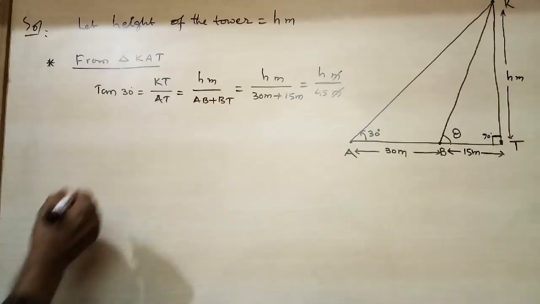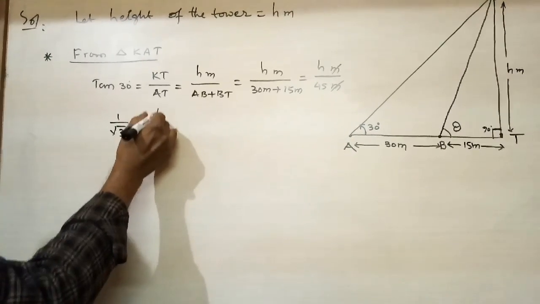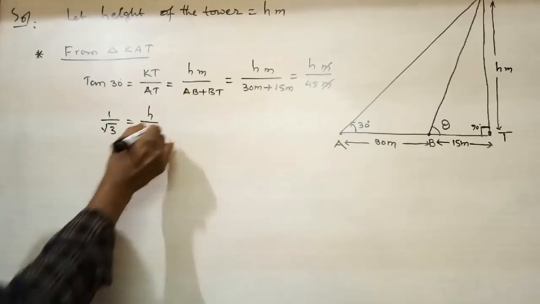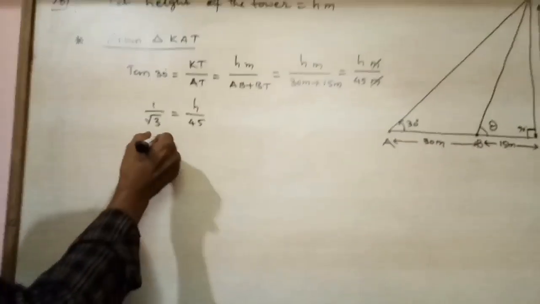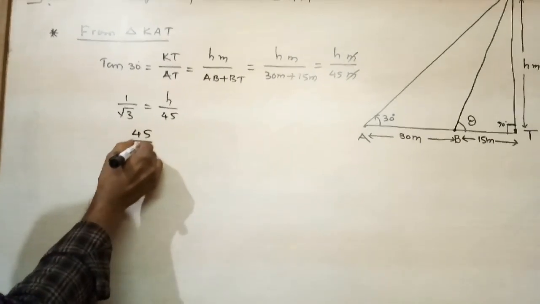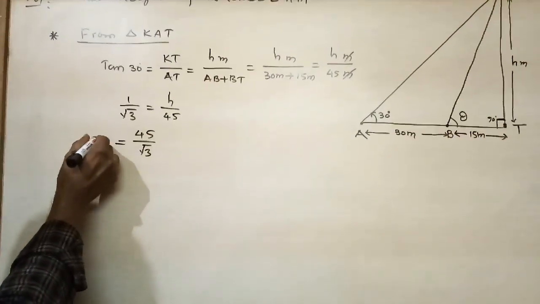Tan 30 degrees is 1 by root 3, so 1 by root 3 equals h by 45. Bringing 45 to the left side, 45 by root 3 is equal to h. Call this equation 1.